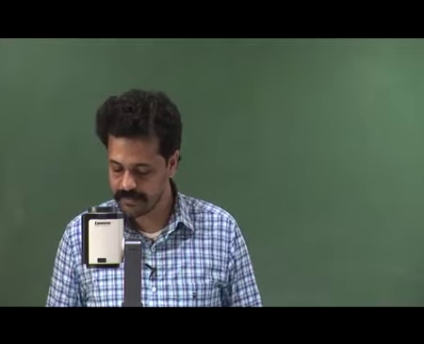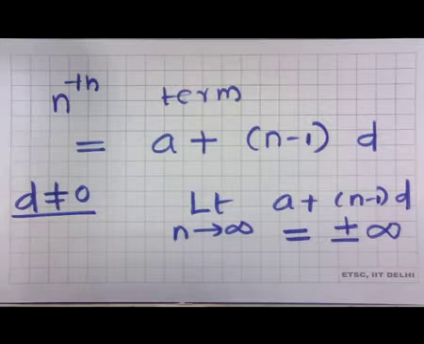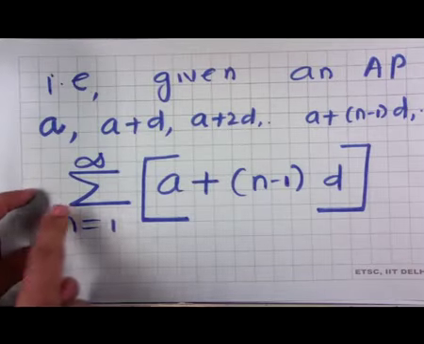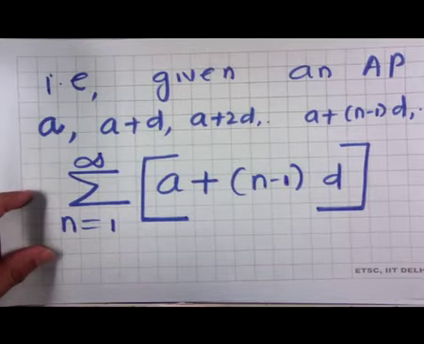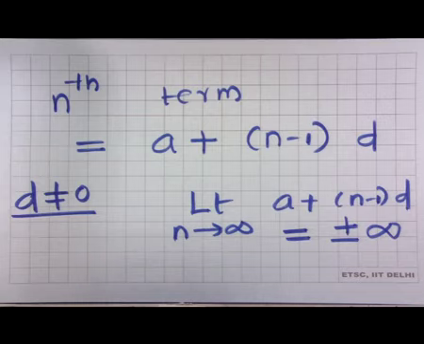What we observed is that the nth term of the series that we are interested in, namely the arithmetic series, does not come close to 0 when n becomes large.